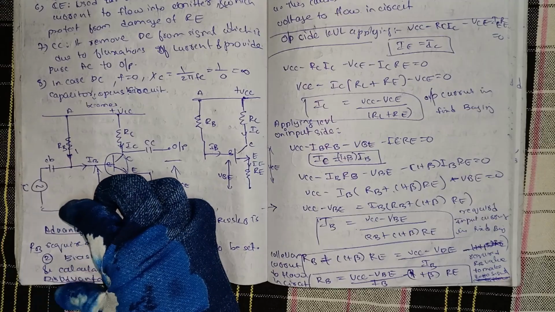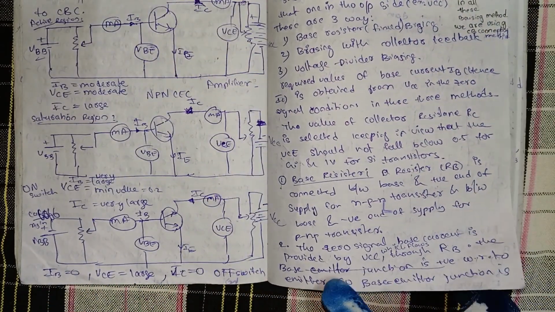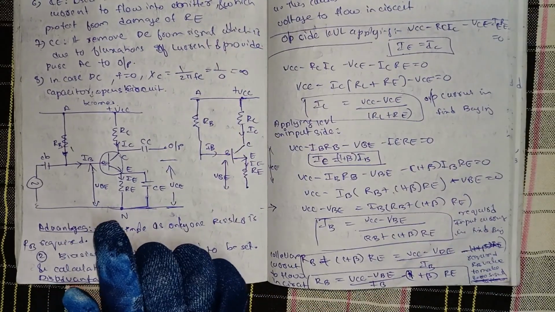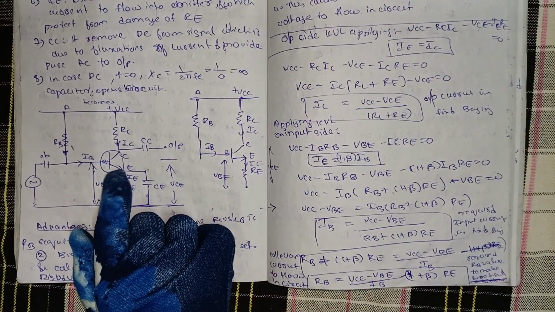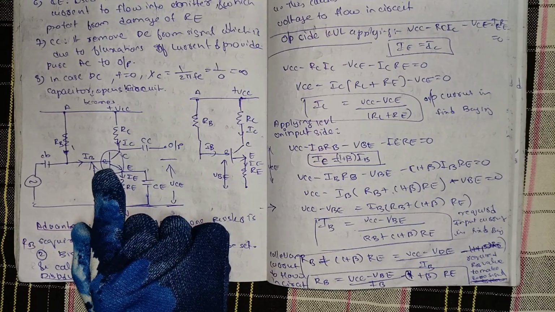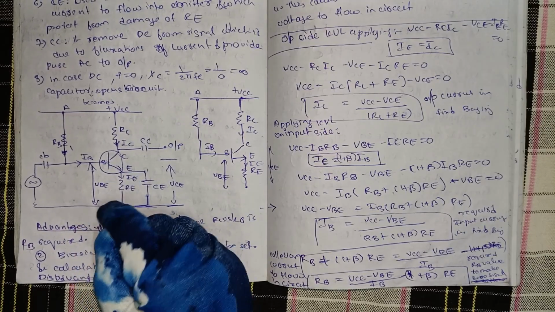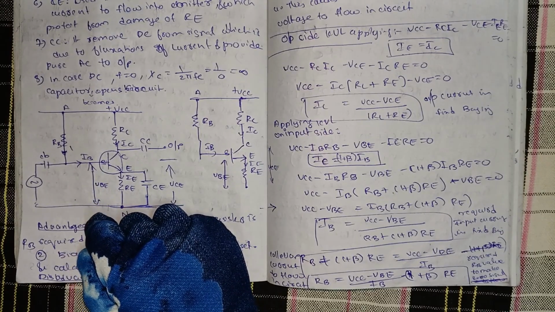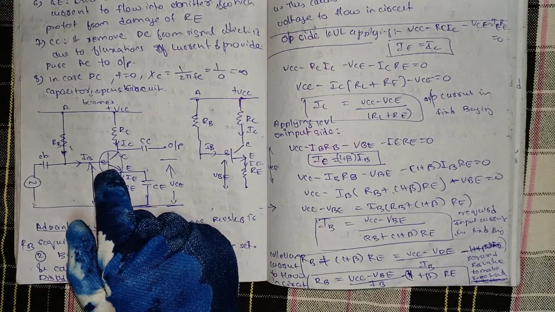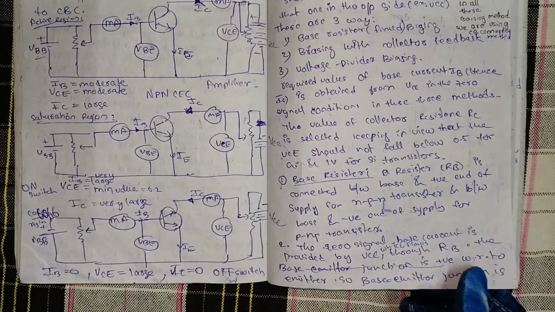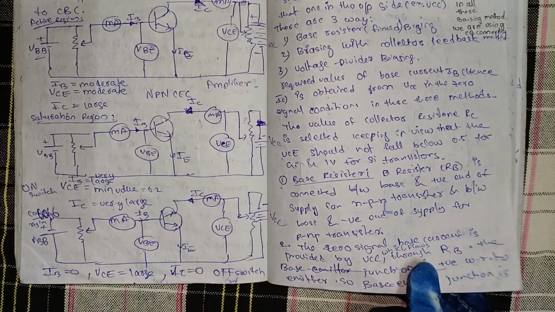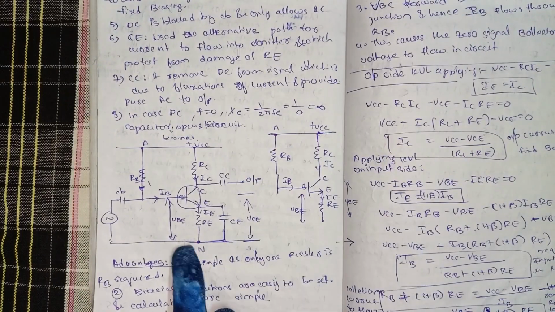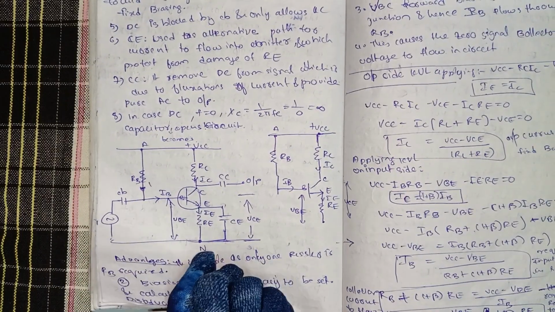The base-emitter junction is positive with respect to the emitter, so the base-emitter junction is forward biased.